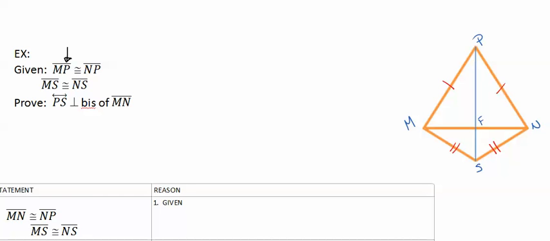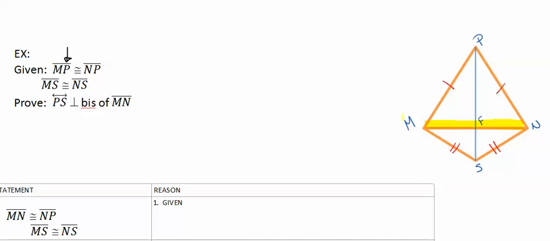Now, if we think about what we're trying to do, we're trying to get PS to be a perpendicular bisector of line segment MN. Starting with just the basic being a bisector for line segment MN, that would mean that we would want that line segment to be divided evenly right here.